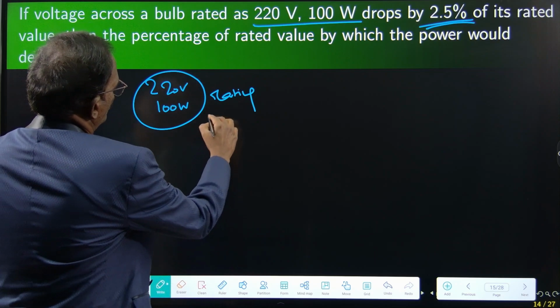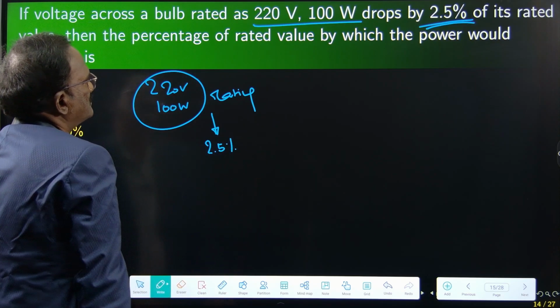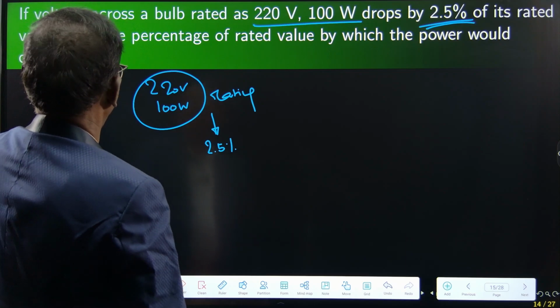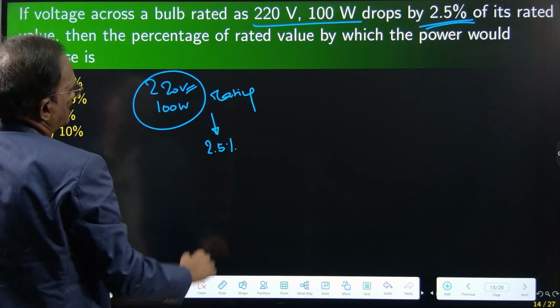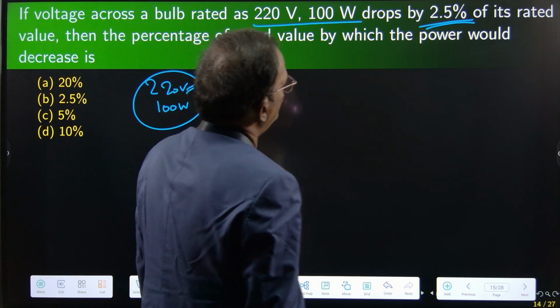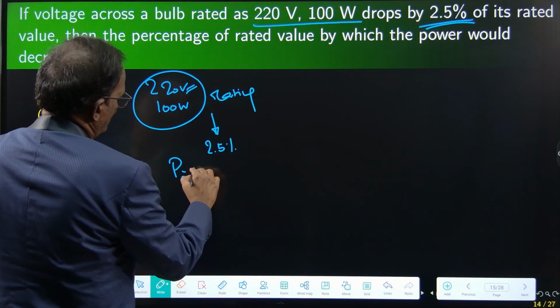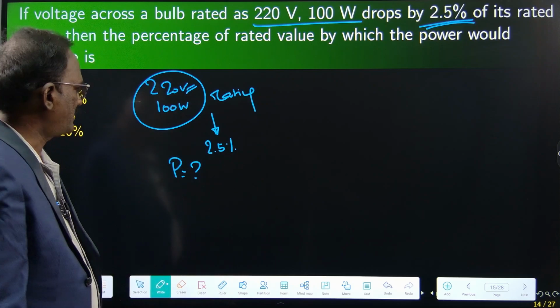The voltage rating of 220 volts is dropping by 2.5%. Then by what percentage does the power decrease, how much reduction in the power?